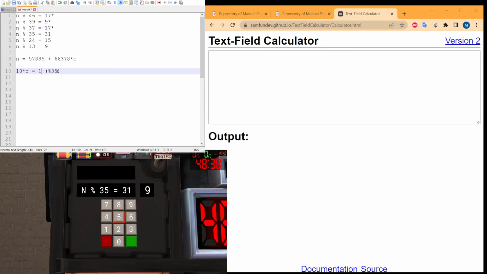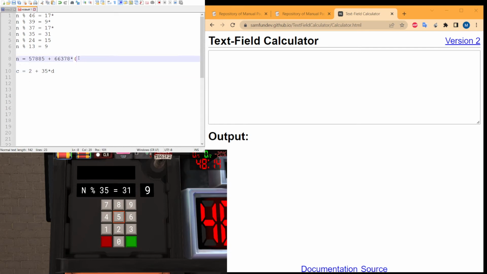Now adding 35 until it's divisible by 18 makes it 36. This is divisible by 18, so dividing by 18 gives us 2. So c is 2 plus 35 times d.